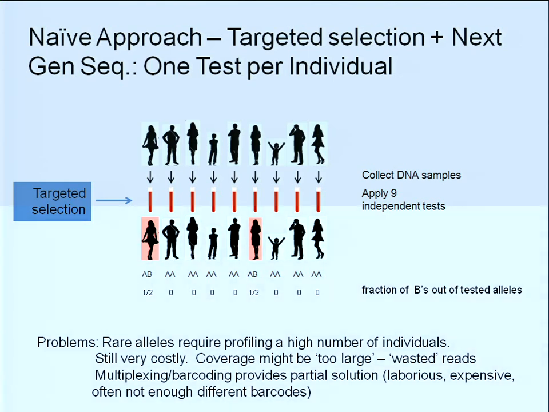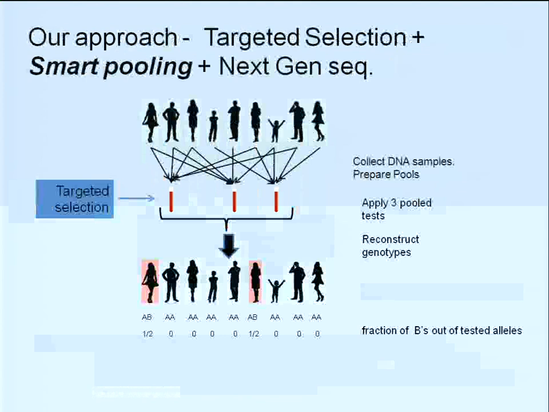We offer a computational solution. Again, it's a form of pooling, very similar to what was done in the Sudoku. So instead of performing a run per individual, you create different pools combinatorially. Every pool contains several individuals, and every individual participates in several pools. You create the pools, and sequence each pool separately.